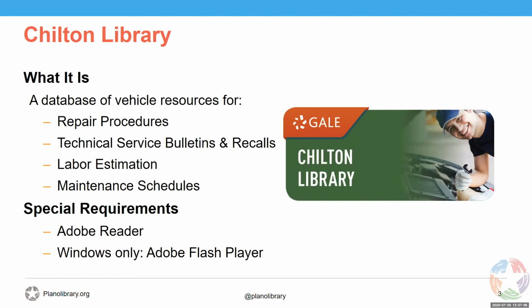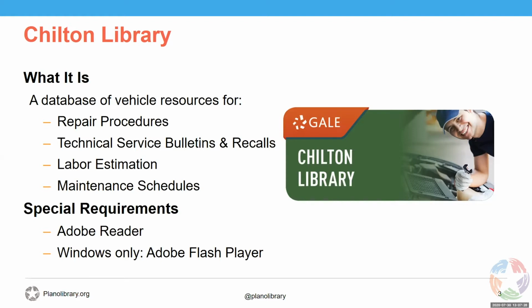Then the technical service bulletins are stuff that repair shops tend to use to find out details in dealing with vehicles, but what you guys would like to know would be the recalls, stuff that has been recalled and needs replacing. And this particular aspect is real great for seeing what all has gone wrong with a vehicle and needs to be taken care of.